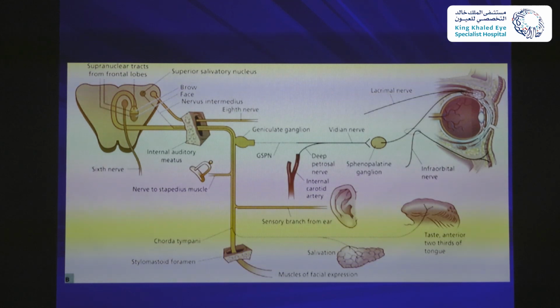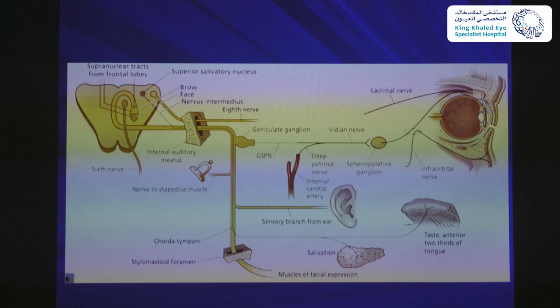The facial nerve takes a long path, and at any part of this path it can be injured. So we can have injury intracranially, extracranially, in the face, and even along the facial nerve canal in the auditory canal.